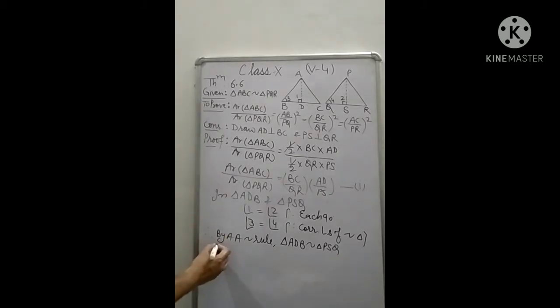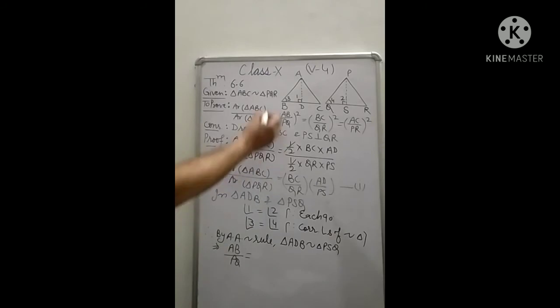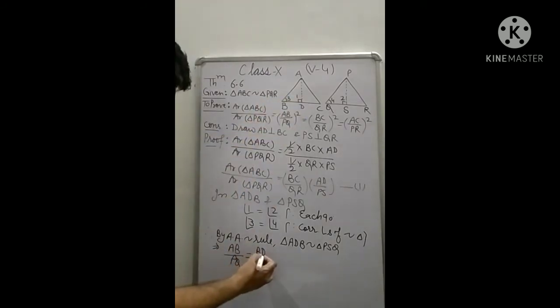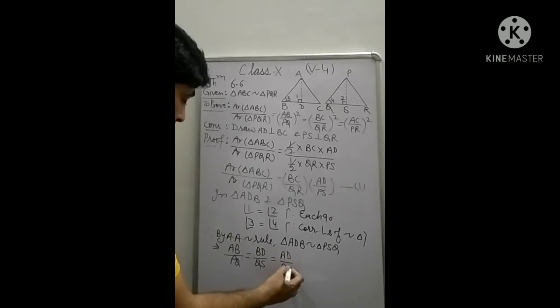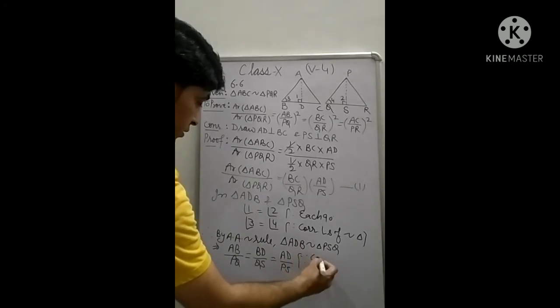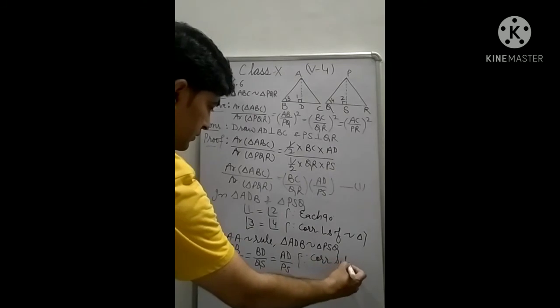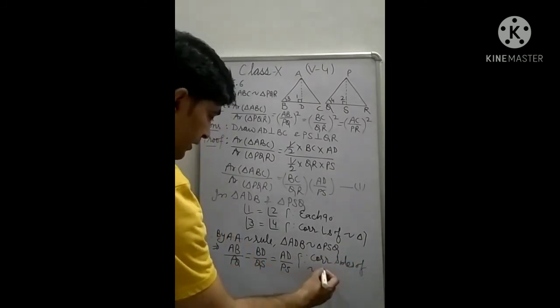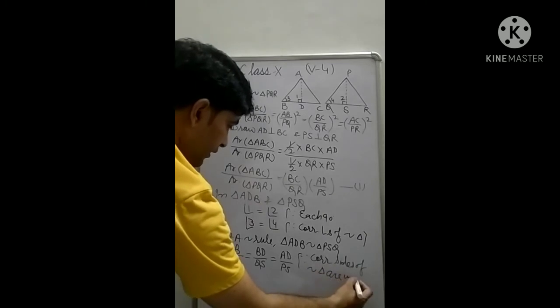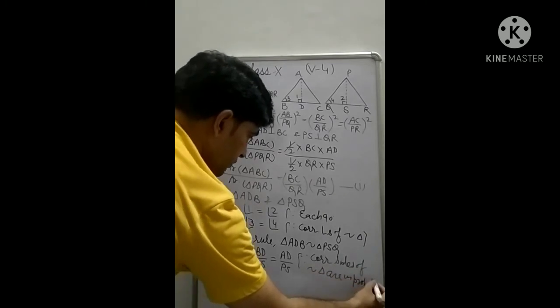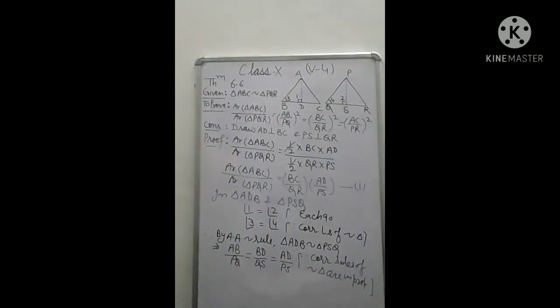So this implies, taking their corresponding sides, AB by PQ is equal to BD by QS is equal to AD by PS. And why is it so? Because corresponding sides of similar triangles are in proportion.